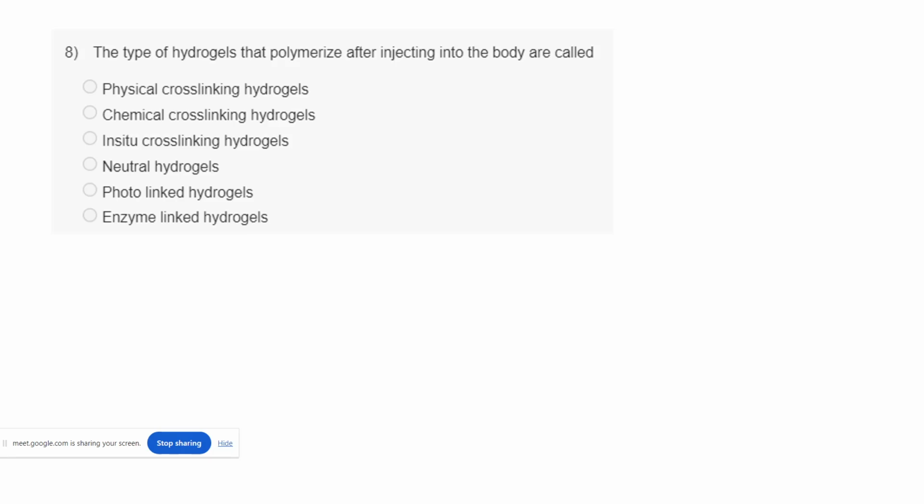Here's the next question. The type of hydrogels that polymerize after injecting into the body are called what? Option 3, in situ cross-linking hydrogel. Yes, ma'am. Okay, all of you are correct.